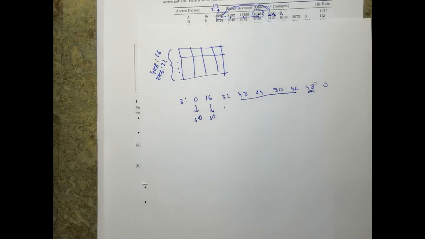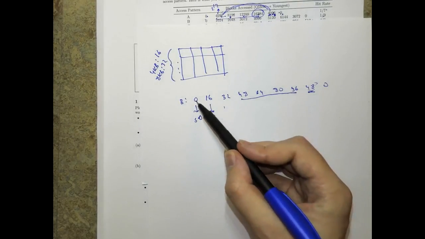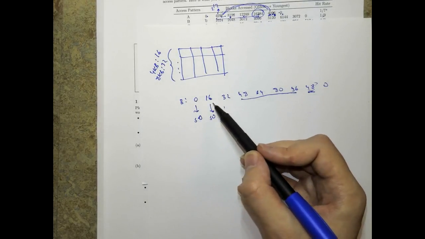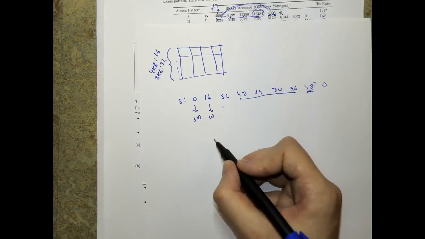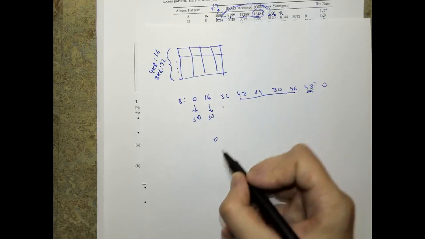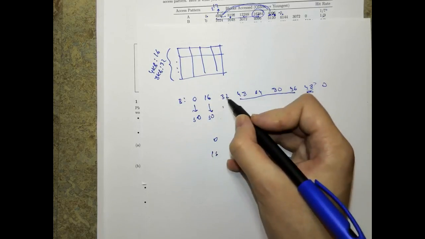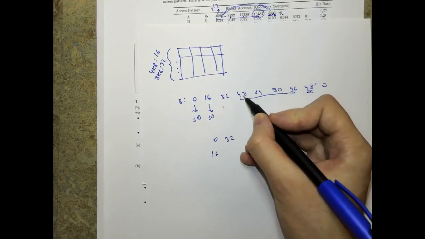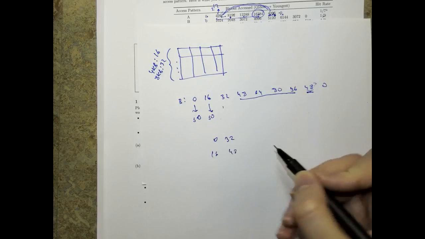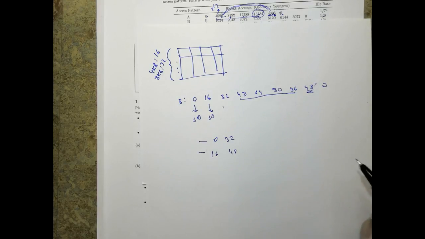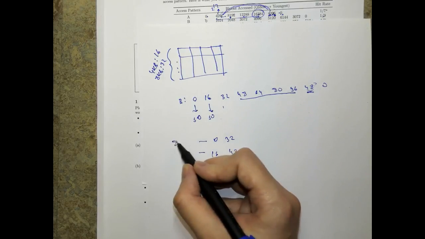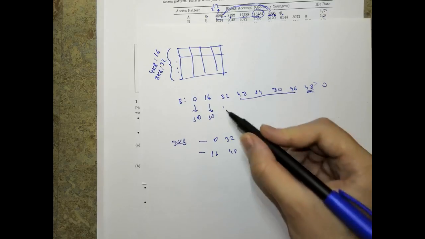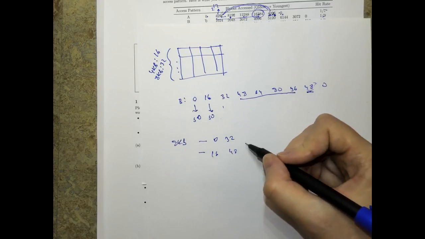But if we have 8 kilobytes, then those two will map to different sets, right? So in the first set, we will have 0. On another set, we will have 16. Here we have 32. This 48 will go on another set. So those are basically two different sets. So if you assume an 8 kilobyte cache, those addresses go to different sets.